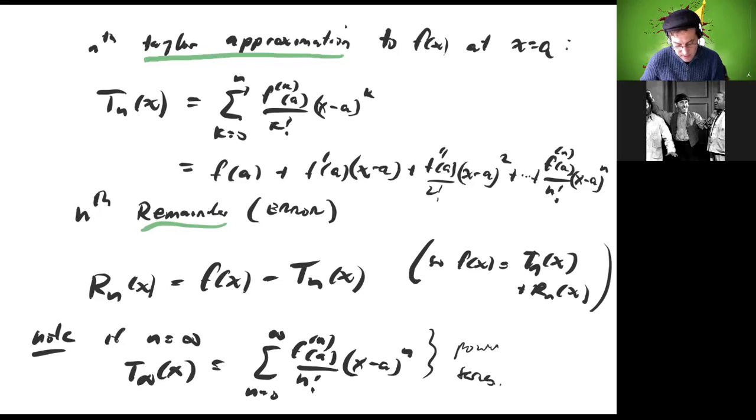Okay, so here's the statement I want to make. The statement is this theorem.